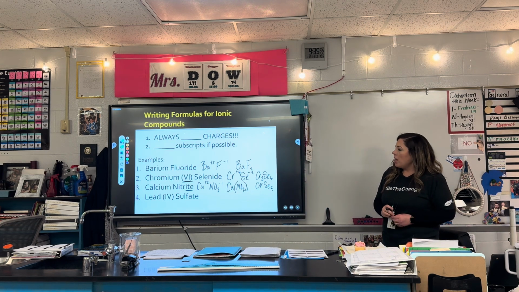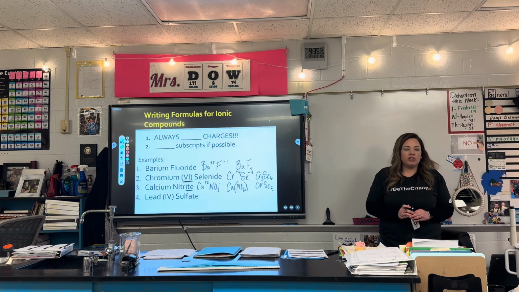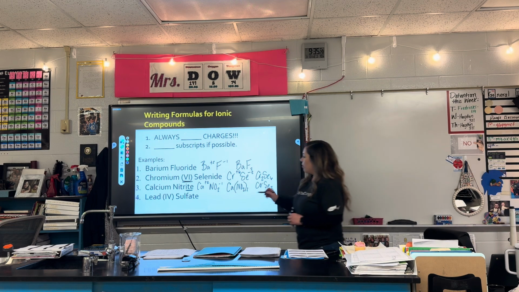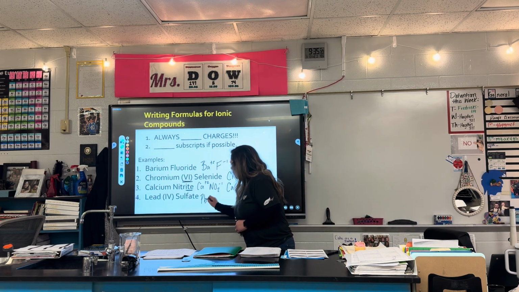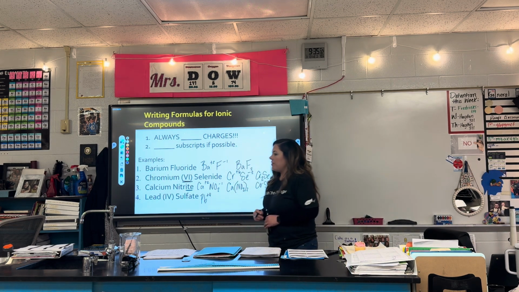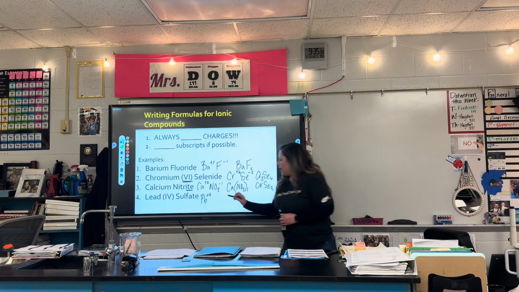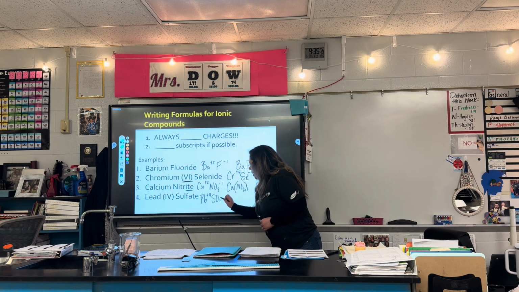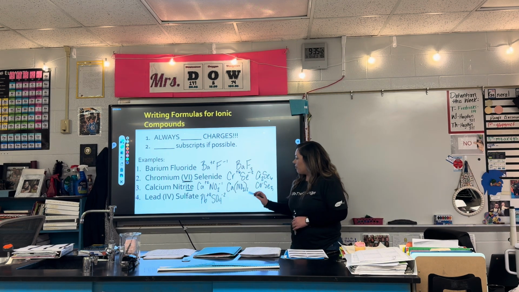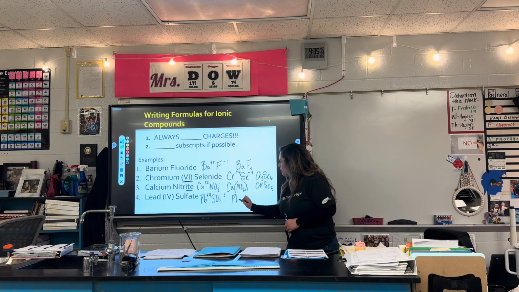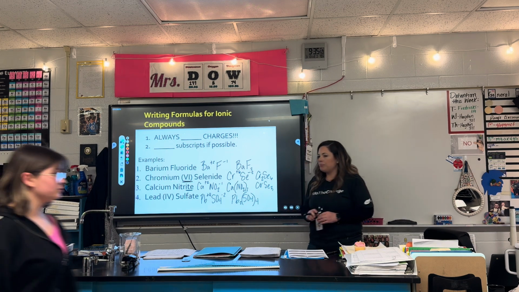Perfect. And the last one, lead 4. So what's my charge of lead? 4. So Pb plus 4. And then sulfate. What's sulfate? SO4 -2. Good. The polyatomic ion. So first I cross it and I get Pb2 SO4 in parentheses with the 4 outside.